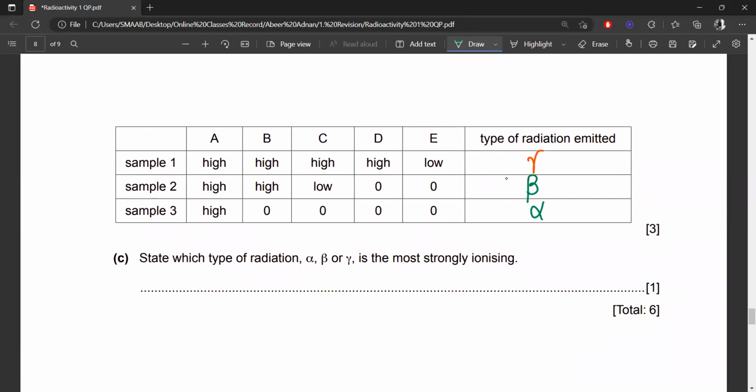And state which type of radiation is most strongly ionizing. So which radiation has the highest ionizing power?